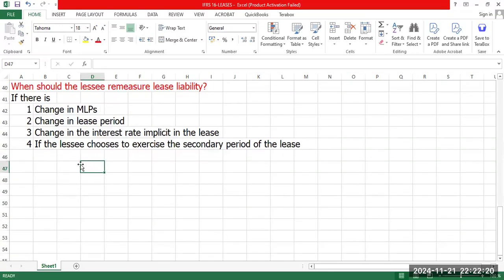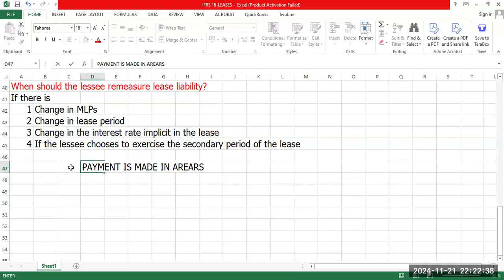Handle some calculations. For calculations, we need to know this. Number one, when payment is made in arrears. Number two, when payment is made in advance.